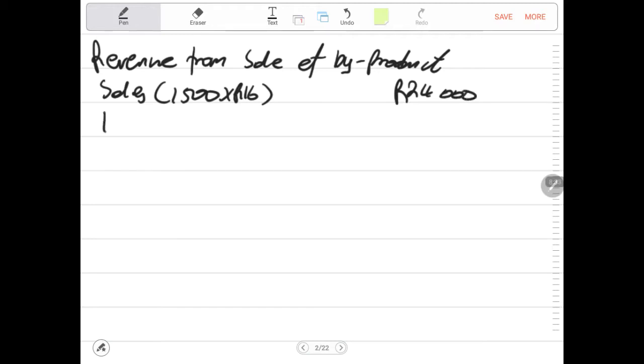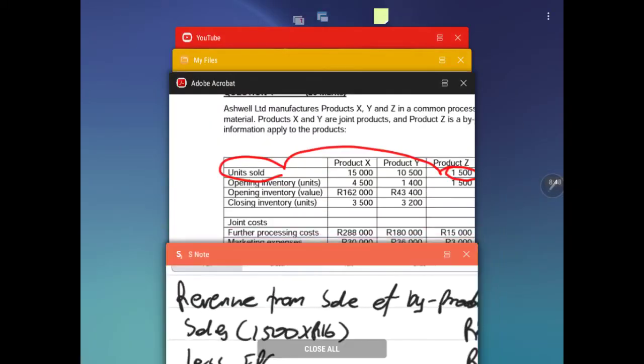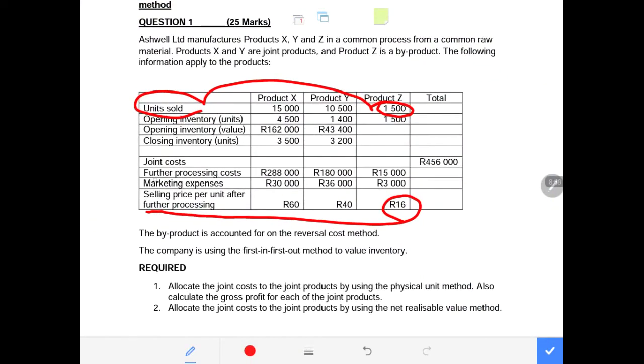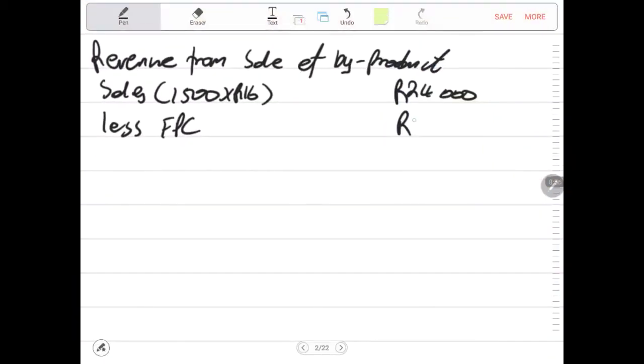Then we say less further processing cost. Our further processing cost of the byproduct is given to us, it is 15,000. Then marketing cost of 3,000. So we minus our further processing cost, then we less our marketing cost.